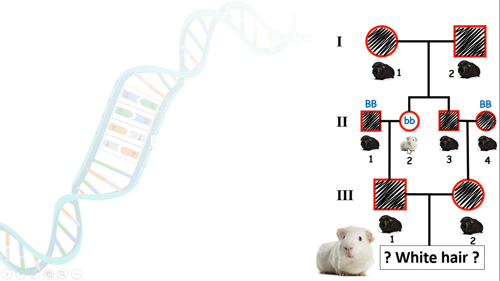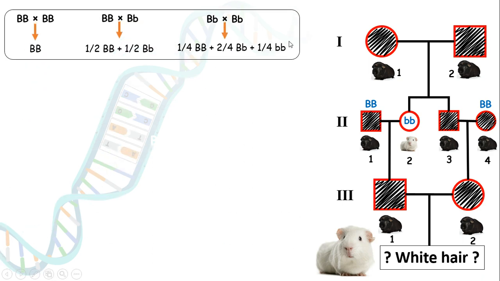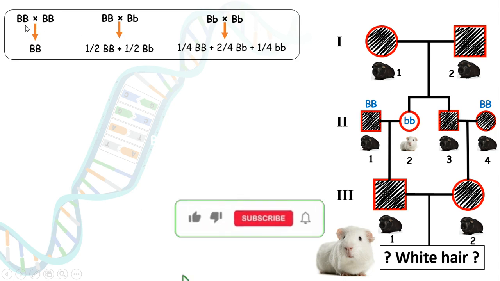So to find the genotype of this individual, we need first to find the genotypes of the parents. So if we assume all of the conditions for the parent genotypes, we will have one of these options. They have either these genotypes, this one or this one.